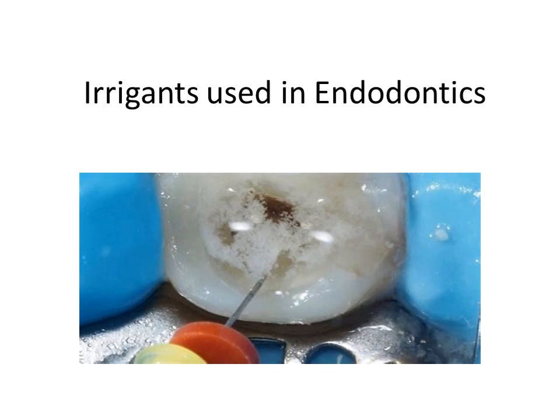These irrigants are a very helpful tool during our root canal procedures, and their proper use and selection is very important for both the dentist performing the treatment as well as for the patient, in order to completely eradicate the infection in the tooth. So, irrigants used in endodontics.